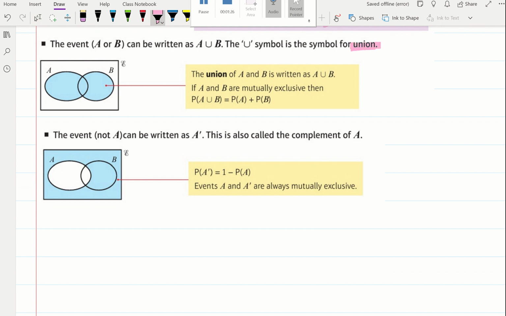So the union of A and B is all of A or all of B. And if the events are mutually exclusive, we find the union of A and B by adding the probability of A to the probability of B. The event not A can be written as A with an apostrophe, which means the complement of A. And of course, we find the complement of A by doing 1 minus the probability of A. And the events A and not A are always mutually exclusive. They cannot happen at the same time. They do not have an overlap.